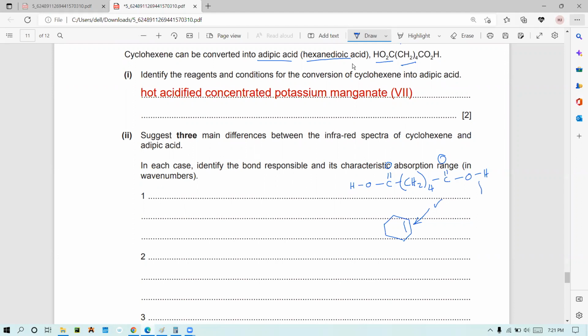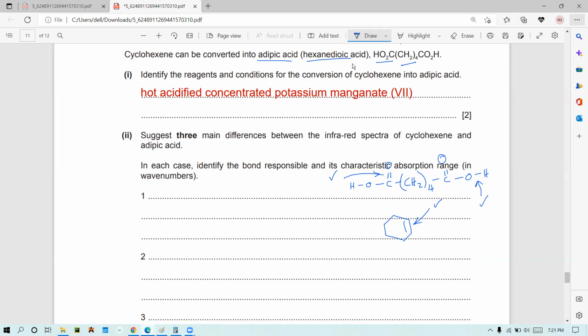Here we have OH peak. That OH peak is missing here. It's one thing. And we have carbon double bond oxygen. It is another one, which is not seen in cyclohexene.